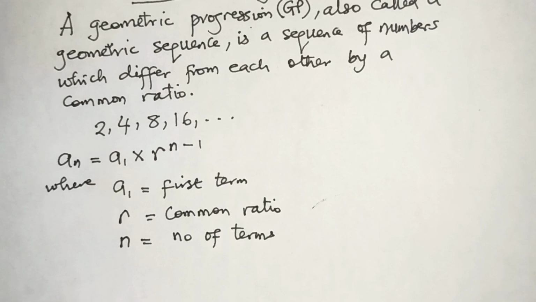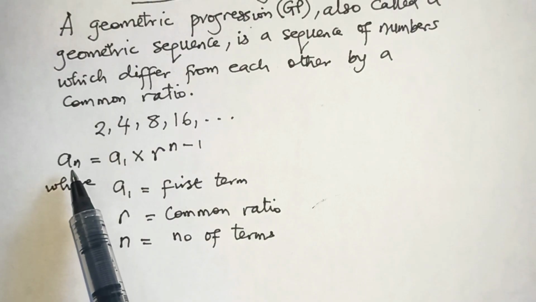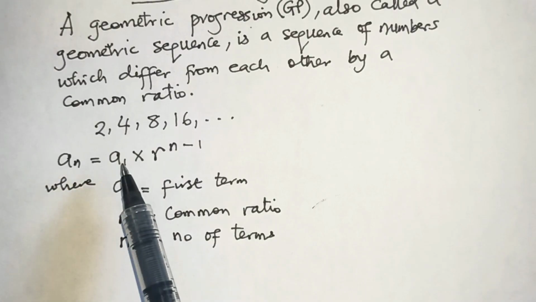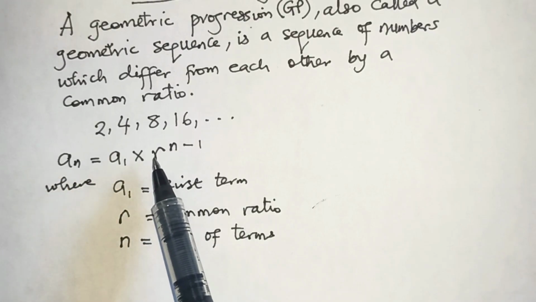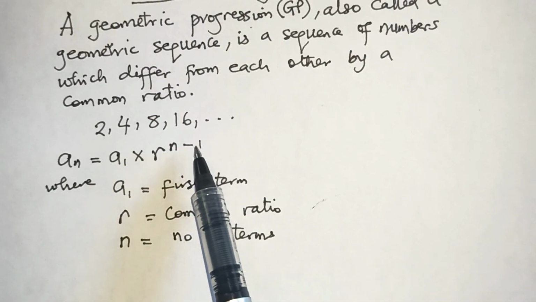So if we want to find the nth term of a geometric sequence, we will use this relation: a_n equal to a1 times r raised to power n minus 1.